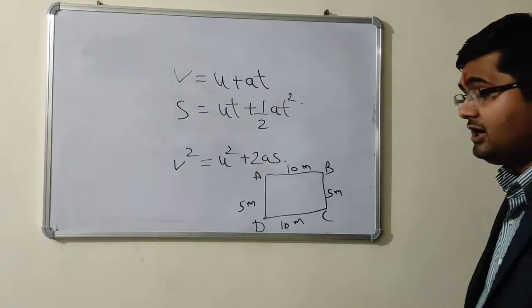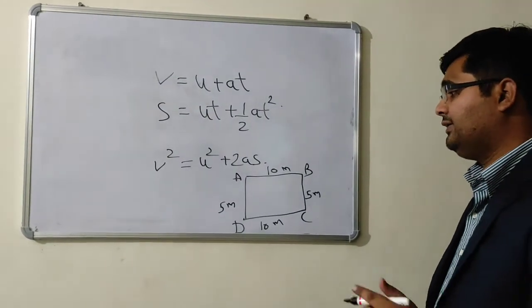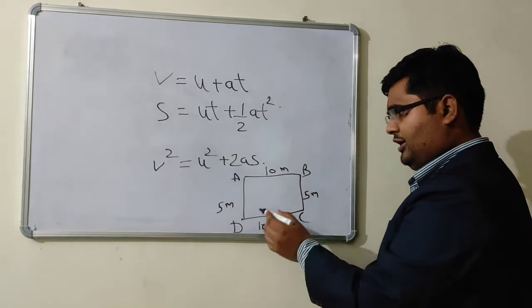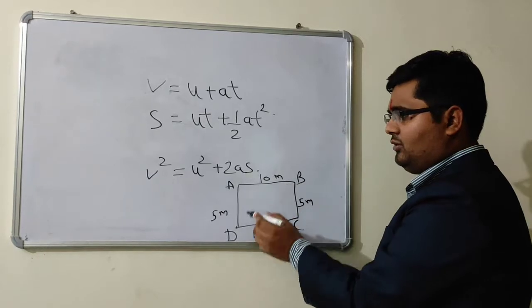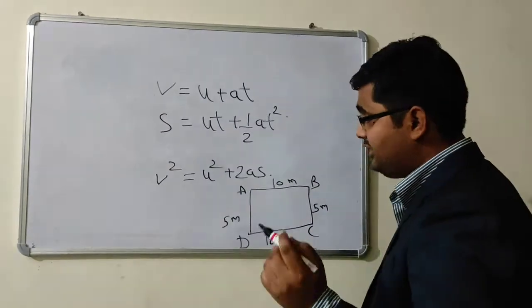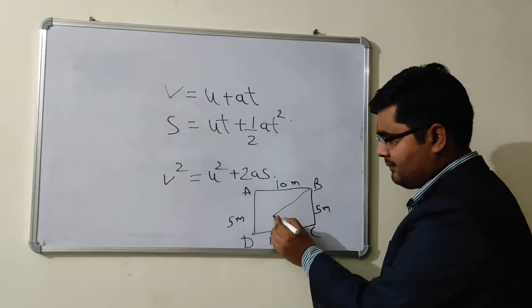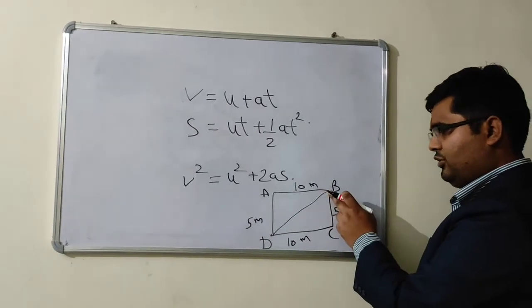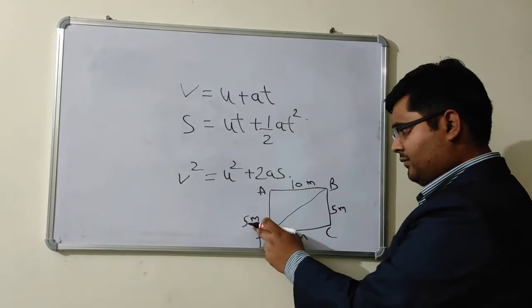Now if somebody asks you what is the distance from D to B, so DA is 5, AB is 10, so the distance is 15. But displacement is the diagonal. From this point you can directly go to point B, and this is 10, this is 5.